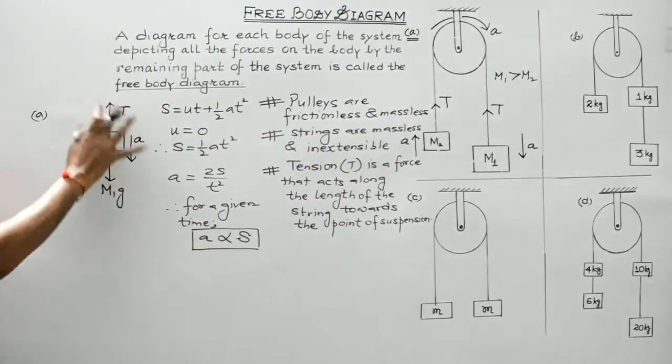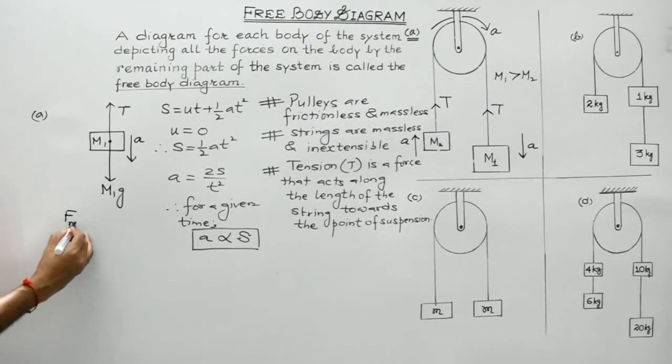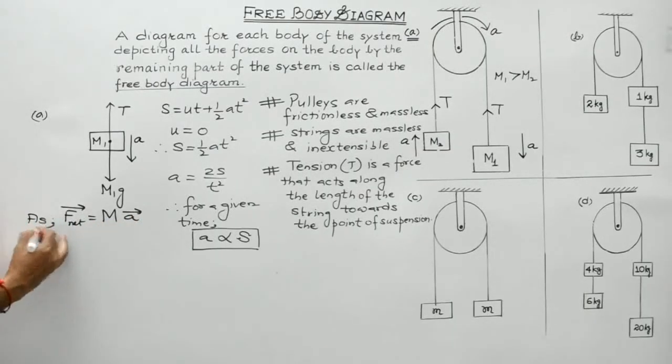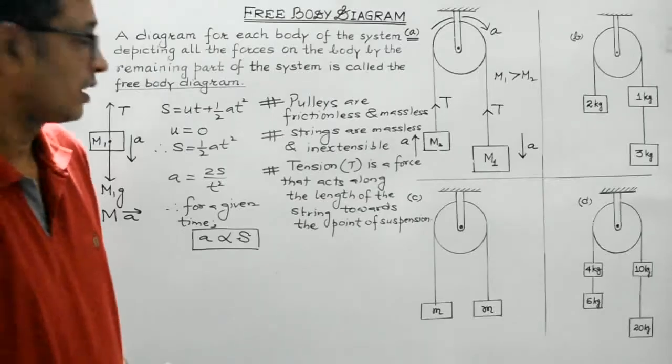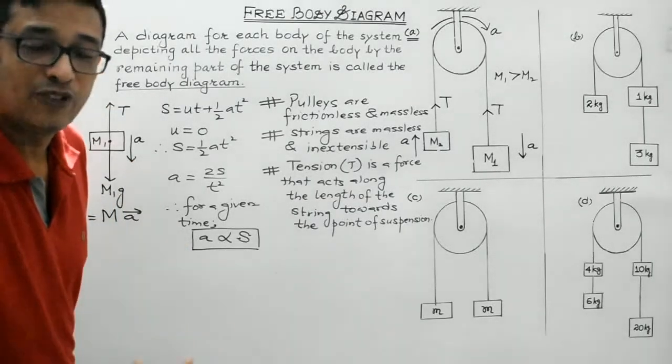So students, as per Newton's second law, net force is equal to mass into acceleration. Isn't it? We are aware of this formula. Clear? The body is having a net acceleration in the downward direction. So what will be the net force?